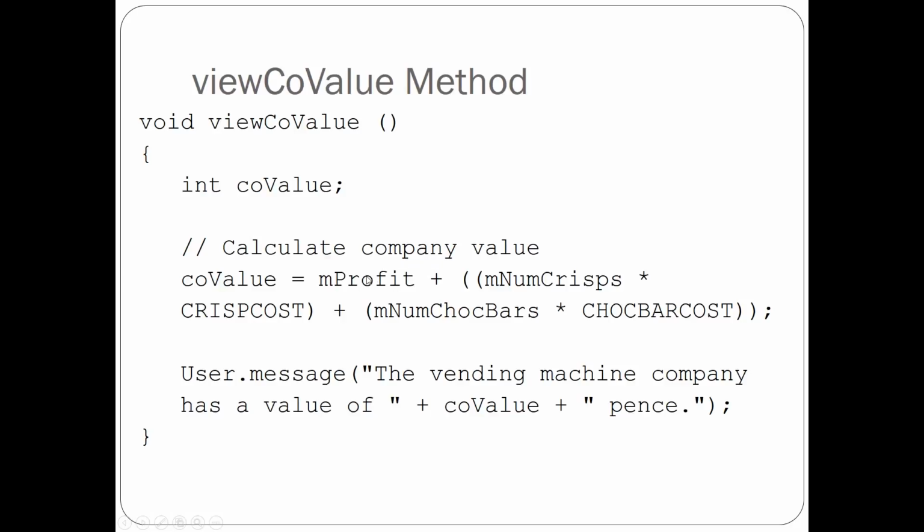So we add on the profit, the value of the crisps in the machine, plus the value of the chocolate bars in the machine. Then we have a user.message box which outputs the value of company value in a sentence, so we see how much our company is actually worth.